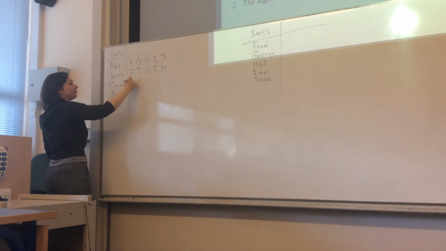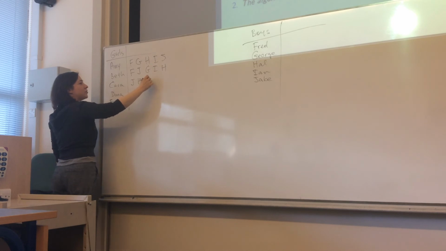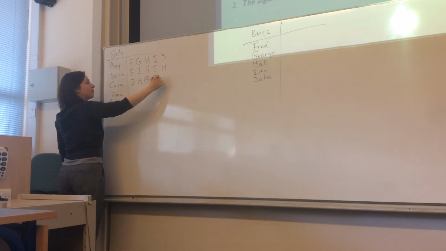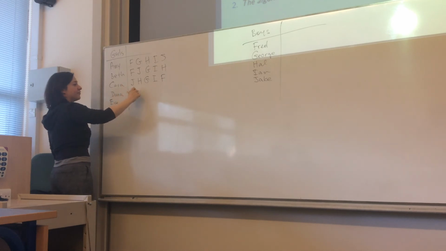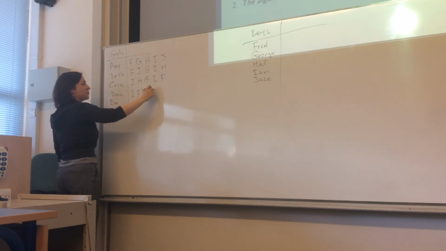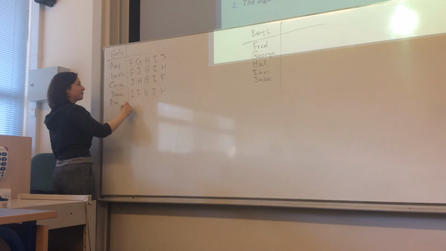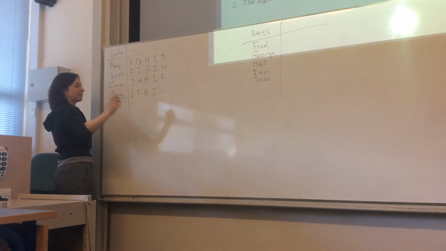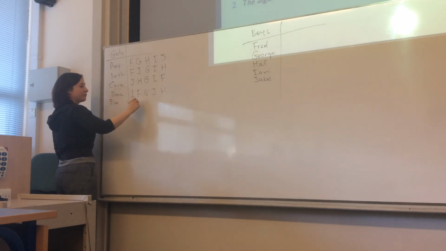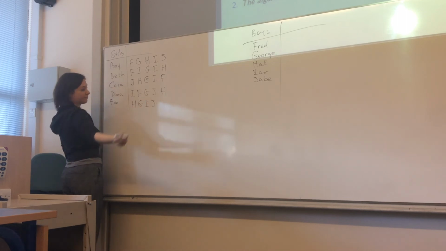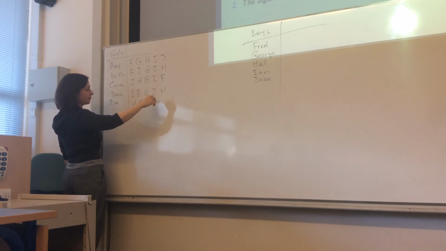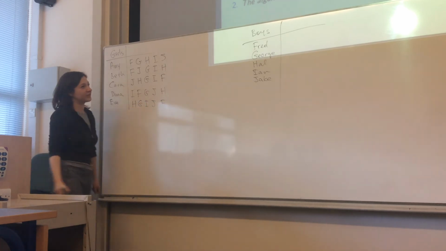Cara: Jake, Hal, George, Ian, Fred. Dana: Ian, Fred, George, Jake, Hal. Eve: George, Ian, Jake. Who's left? Fred.